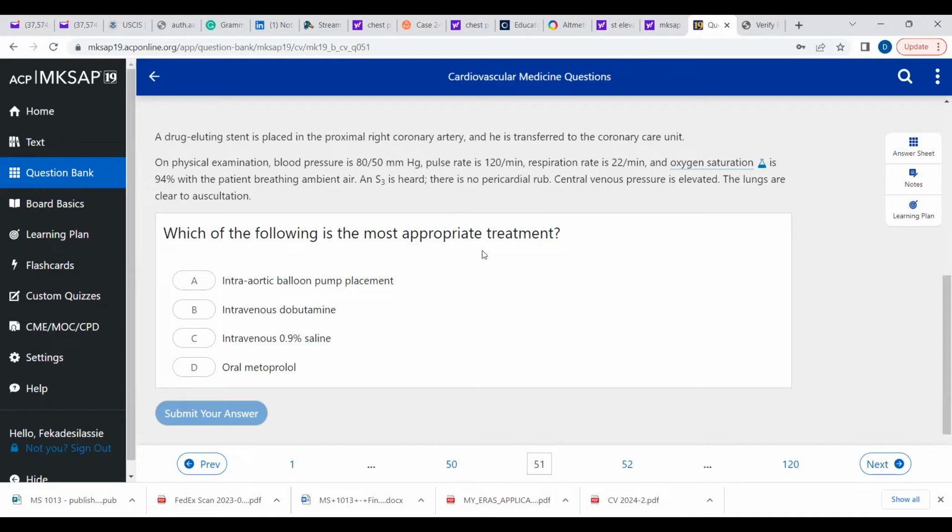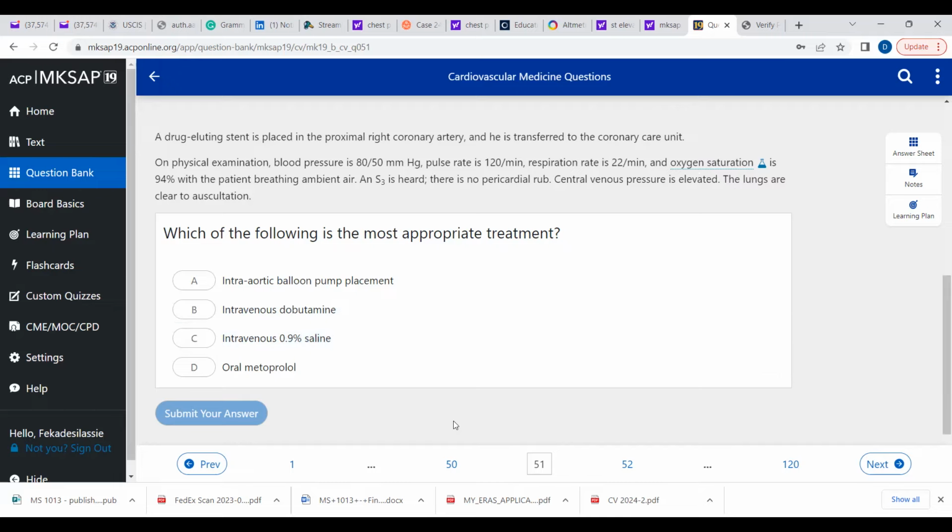And right-sided heart failure is volume dependent. Central venous pressure is elevated. All of this shows you there is right ventricular failure, because the lungs are clear. You know it is not left-sided failure because there is no pulmonary congestion; it says the lungs are clear.